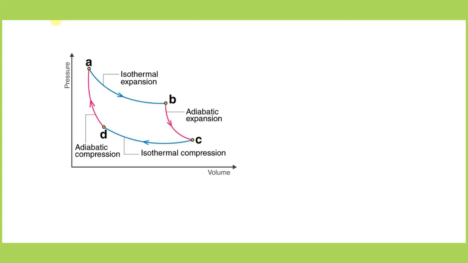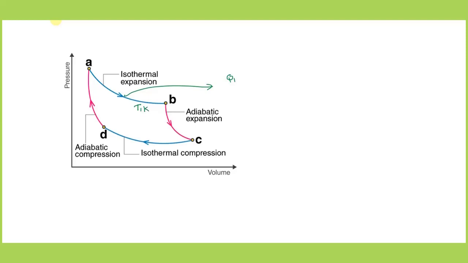If you consider the isothermal expansion AB, during this isothermal expansion the working substance absorbs an amount of heat Q1 from the source, and the source is at temperature T1 Kelvin.